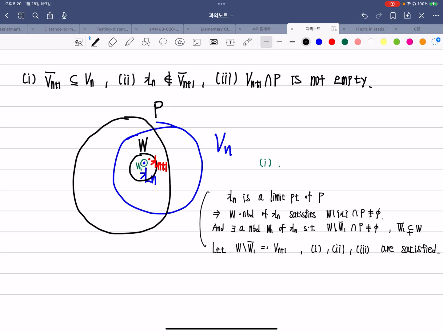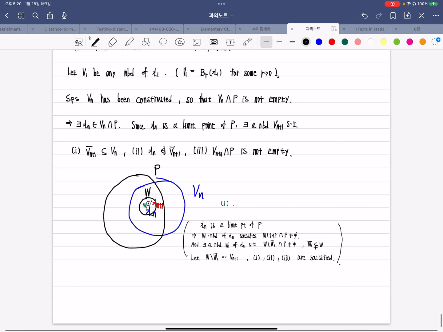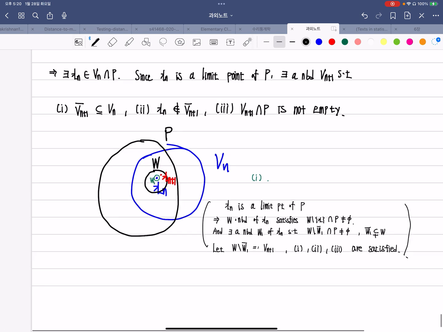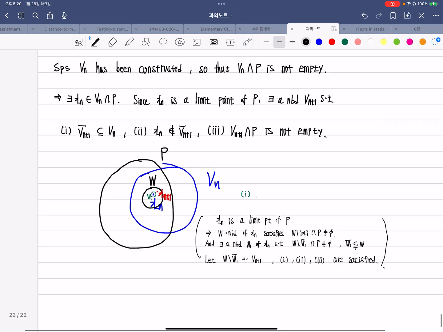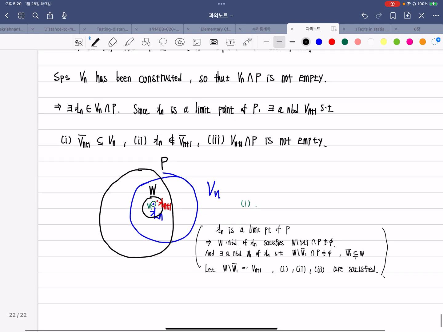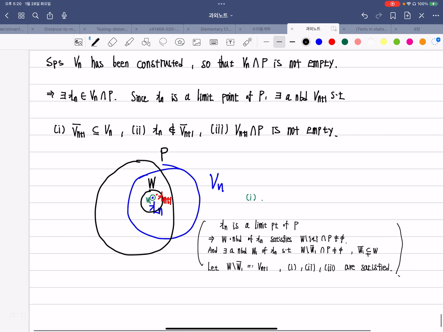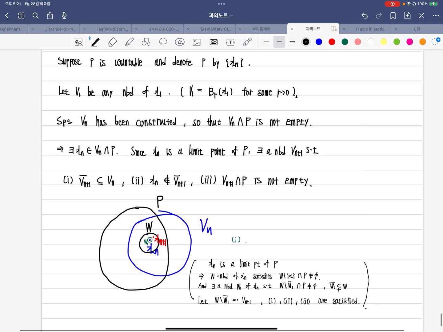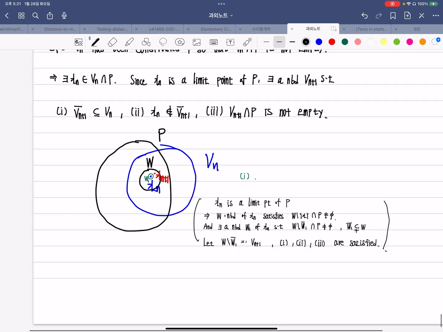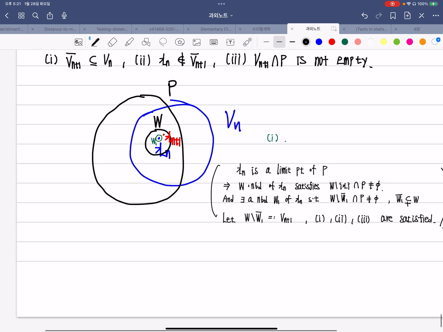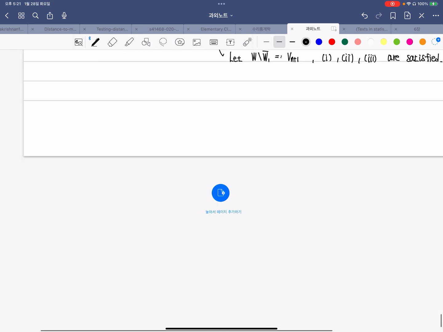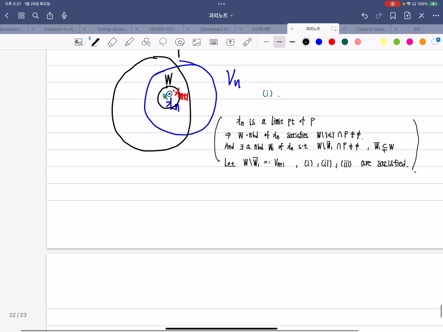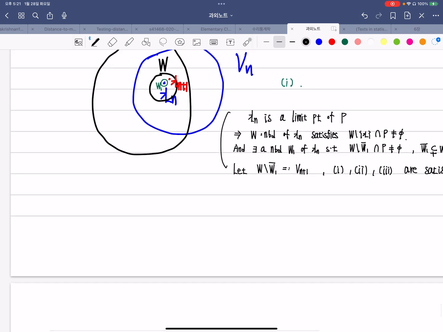Right. Condition 3: Vn plus 1 satisfies our induction hypothesis and the construction can proceed. Good.